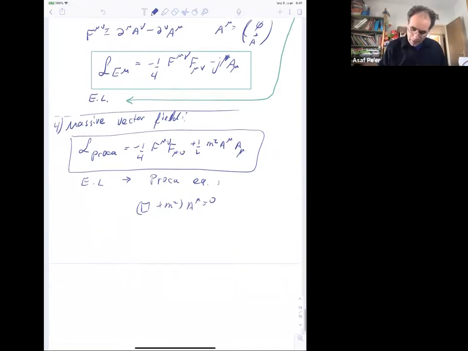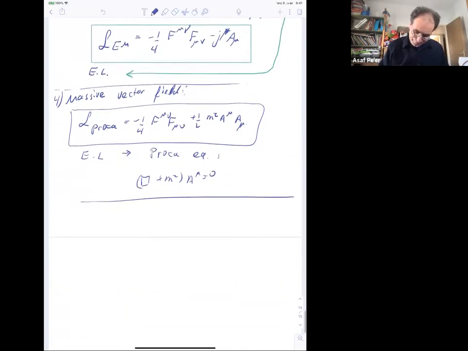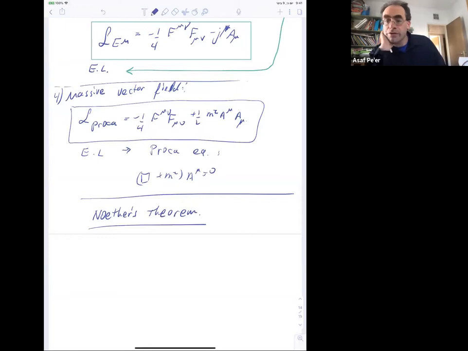Okay. Next thing is Noether's theorem. I see we are sort of running out of time. The next thing I'm going to do is discuss symmetries of the Lagrangian.